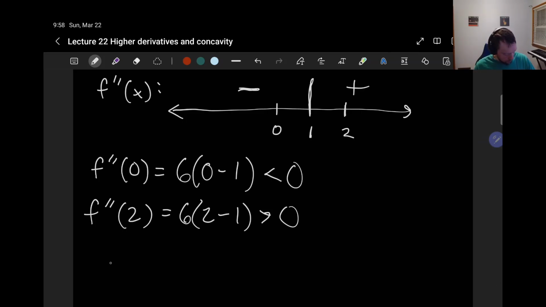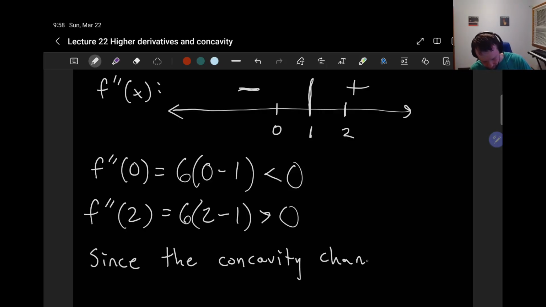We can wrap this all up. Let's say that first. Talk about the inflection point. So since the concavity changes around when x is 1, these are x values here on the axis.